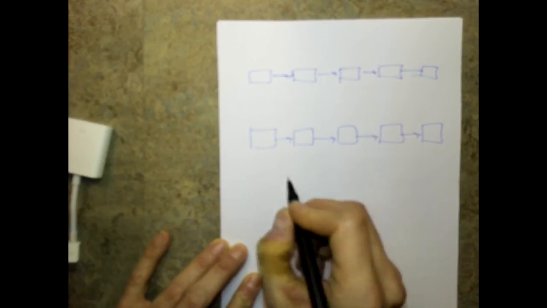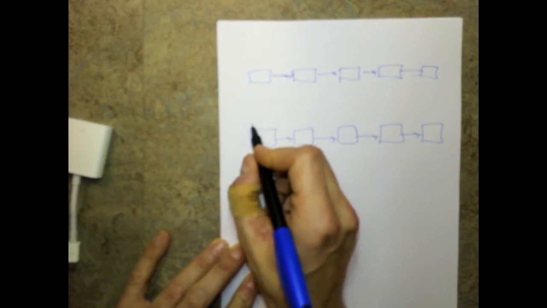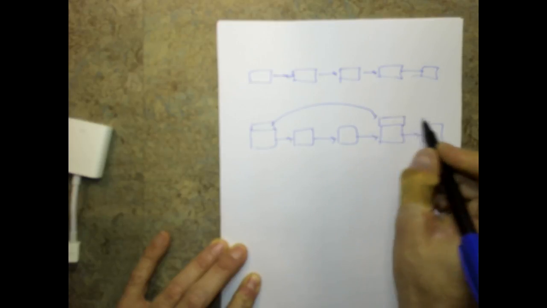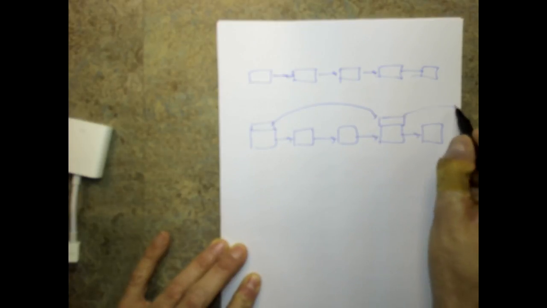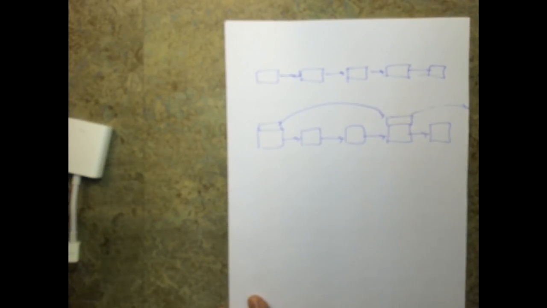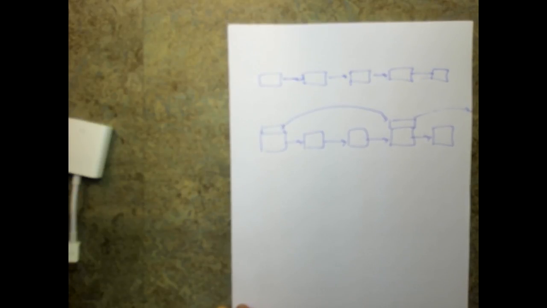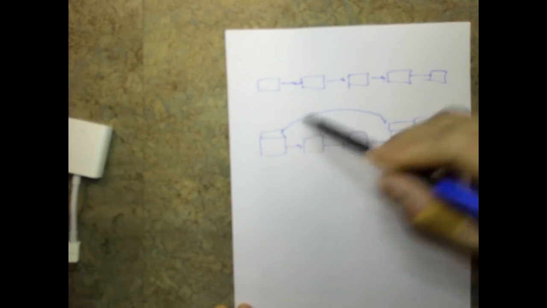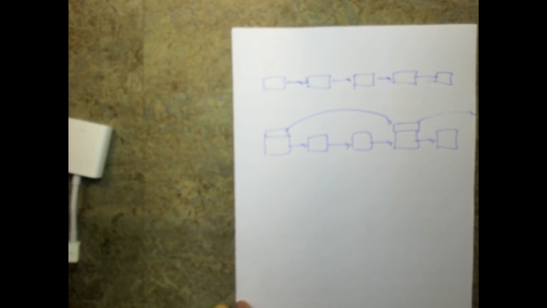A skip list basically provides not just a next pointer, but you have another pointer over here that skips. And yeah, I don't have enough space over here. But in software, you can use that pointer to traverse much faster, right? And people have shown that you can actually find the item that you're looking for much faster by making use of these skip pointers.